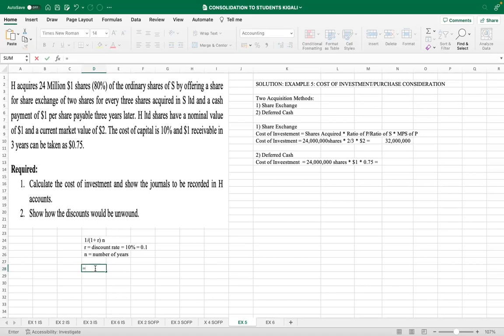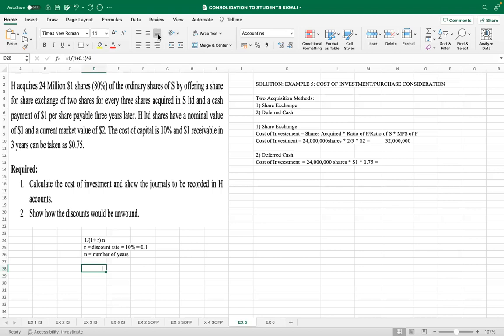Let's try doing it. We are saying 1 divided by, let me use a bracket, 1 plus 0.1, that is 10%, raised to power 3 years. So what do we get?